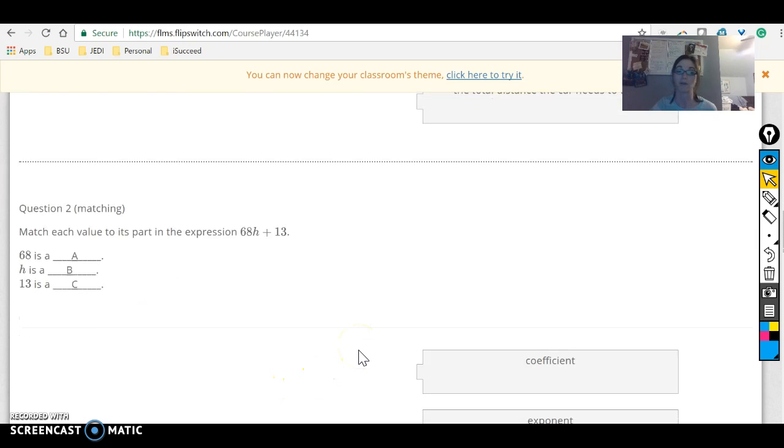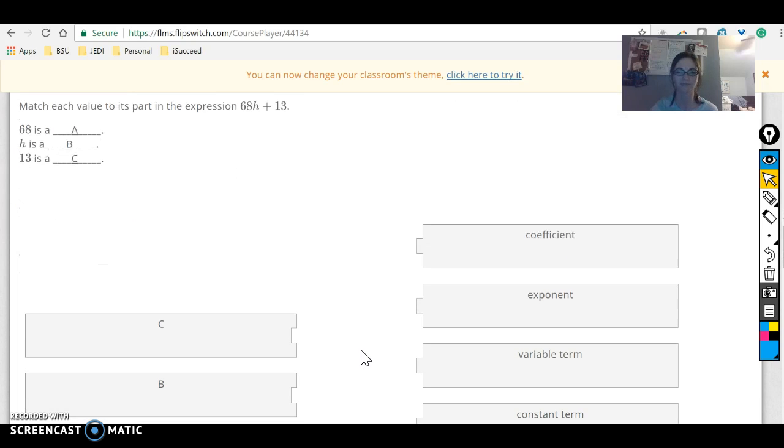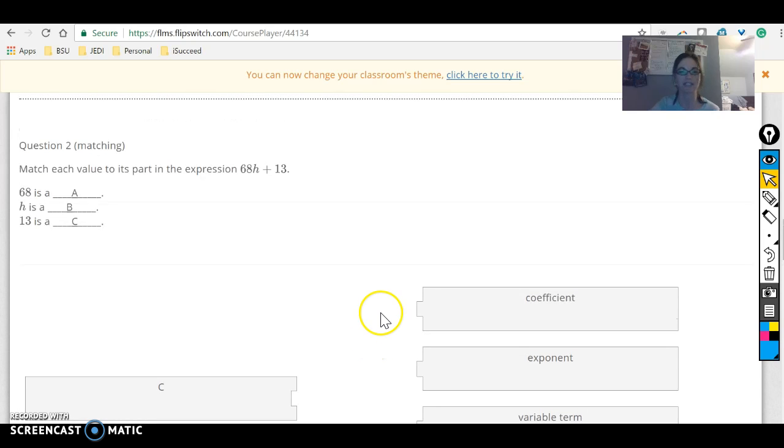Now what they want us to do is define the parts of this expression, okay? So it's actually not that bad. Anything in front of a variable, well, let's start out with H actually. H is our variable, okay?